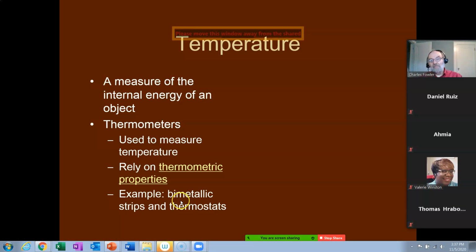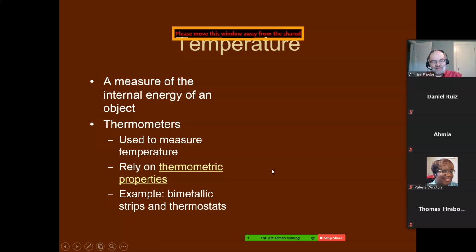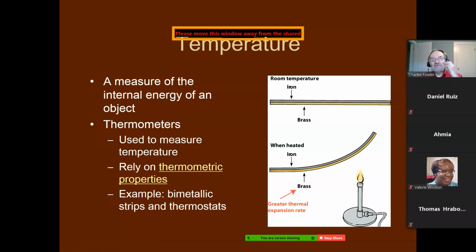These are bimetallic strips and thermostats. Now let me see if they have a picture of it here. It's not showing up. If it is, yes, there's a bimetallic strip. What you have is iron on one side of the strip, and brass on the other. Or it could be other metals, but this is a typical one.